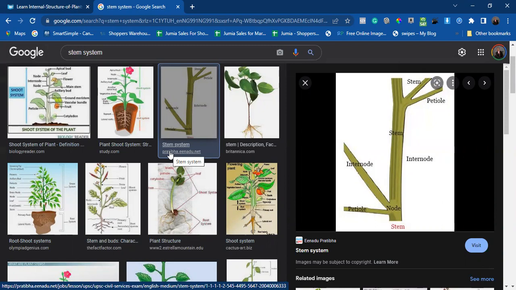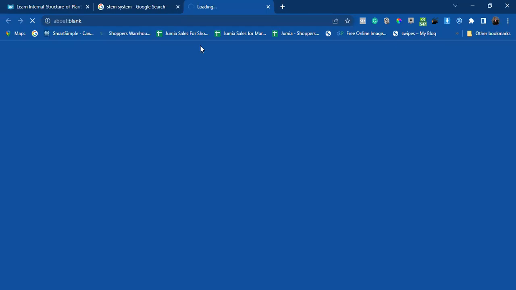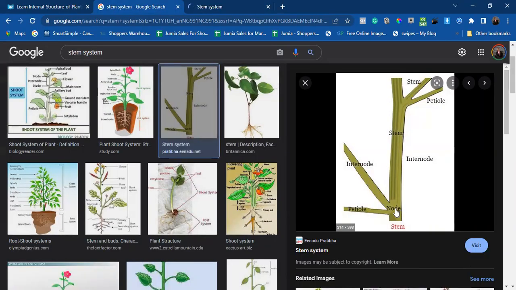So look at this now. This is a typical stem. In the stem, we have the node and we have the internode. The node is that part where the branches connect. It's called the node. Then the internode is the extension of the branches. I don't know if you're following.